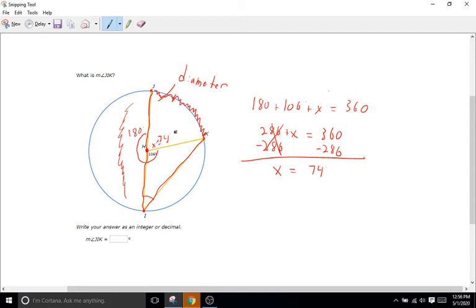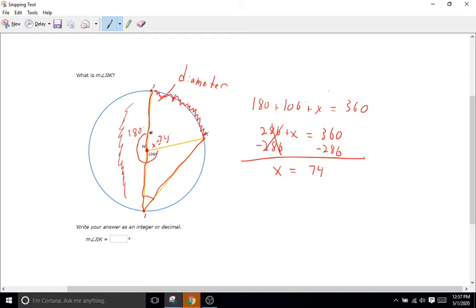Okay, great. Now, something else to notice. Is 74 degrees, or is X, an inscribed angle? Well, maybe. Perhaps. It depends on how you look at it. But what you might really want to understand is how it relates to the other angles. So you know this angle right here is a central angle, and it's going to relate to the outer arc right there.